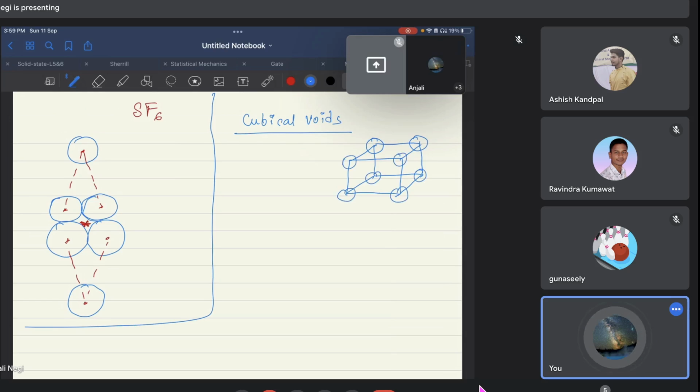So now you can see how the atoms will touch each other. In one plane there will be 4 atoms, in another plane there will again be 4 atoms, and all of them are on top of each other.